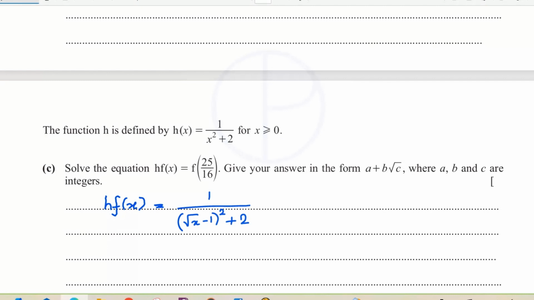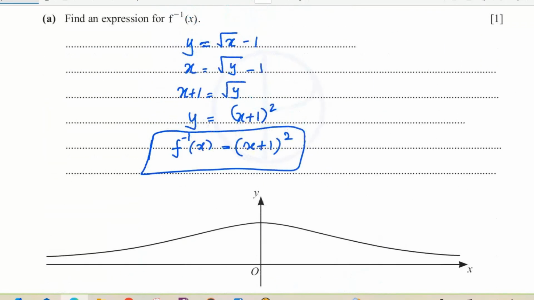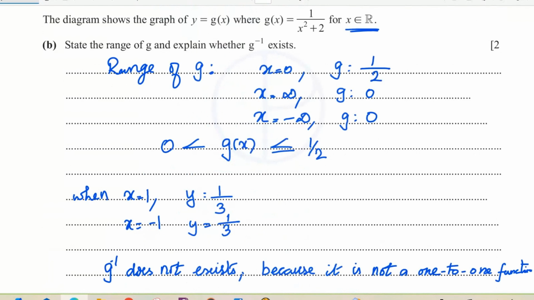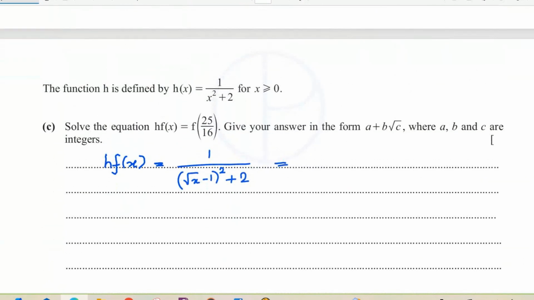And it's given this is equal to f of 25 over 16, which is equal to 1 over square root of (25 over 16 minus 1).